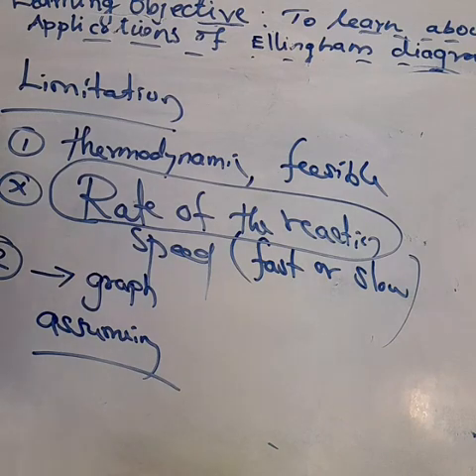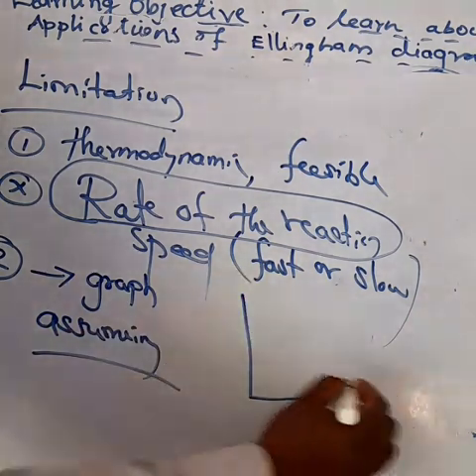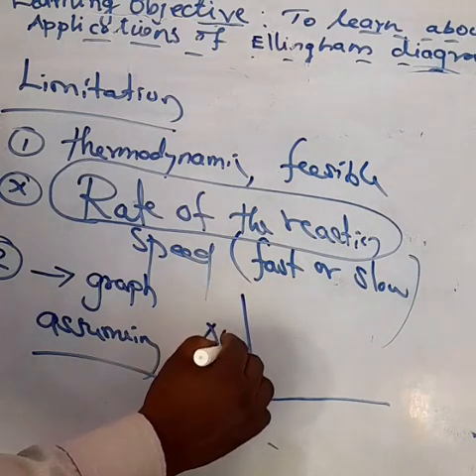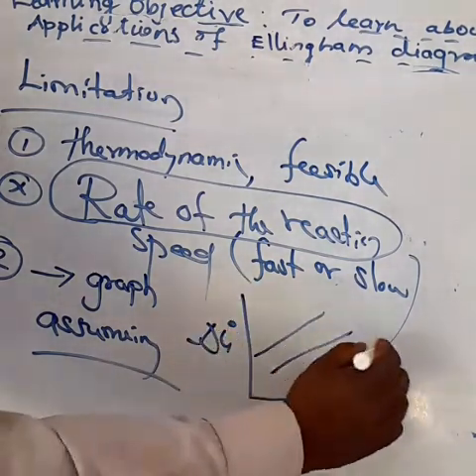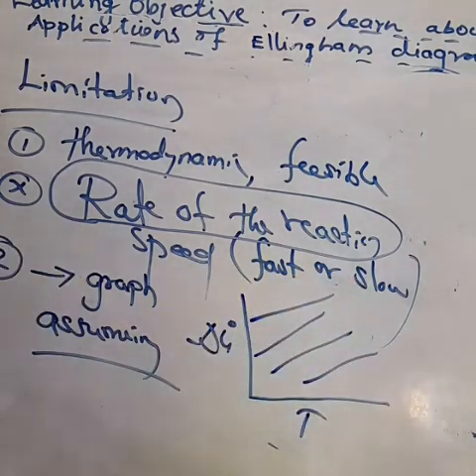Here, the delta G and the temperature are plotted in the form of a graph, and we get one graph. That is based only on assumption. Whether the reactants are in equilibrium with the products is not always true. That is one of the limitations.